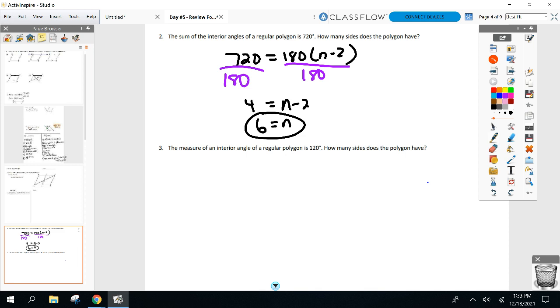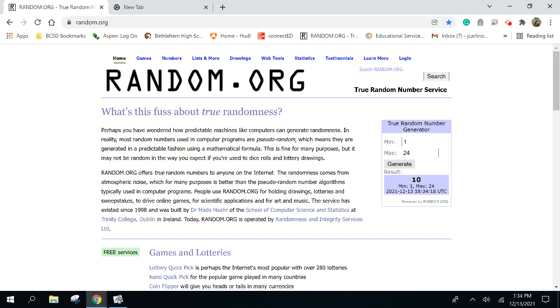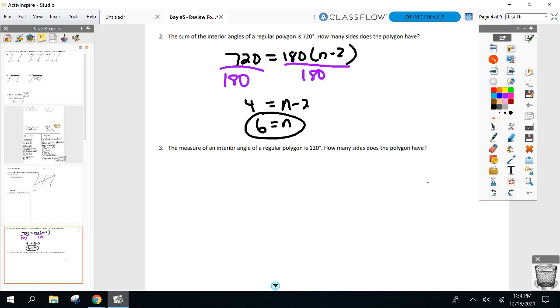Not the sum, but one interior measures 120. Okay, talk to me here. Lead me to the answer here.